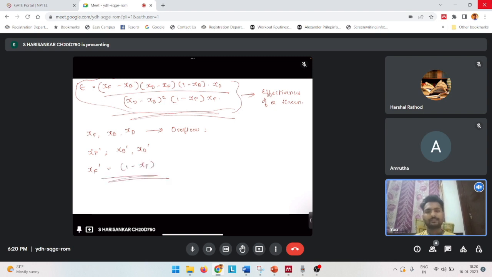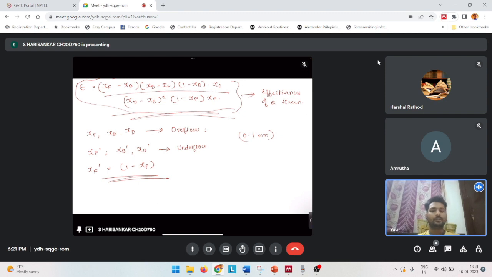So when we say xf dash, these are based on the underflow products. Let us take the last arbitrary value that we took, 0.1 mm. Say we need particles to be separated based on whether they are greater than 0.1 mm or less than 0.1 mm.